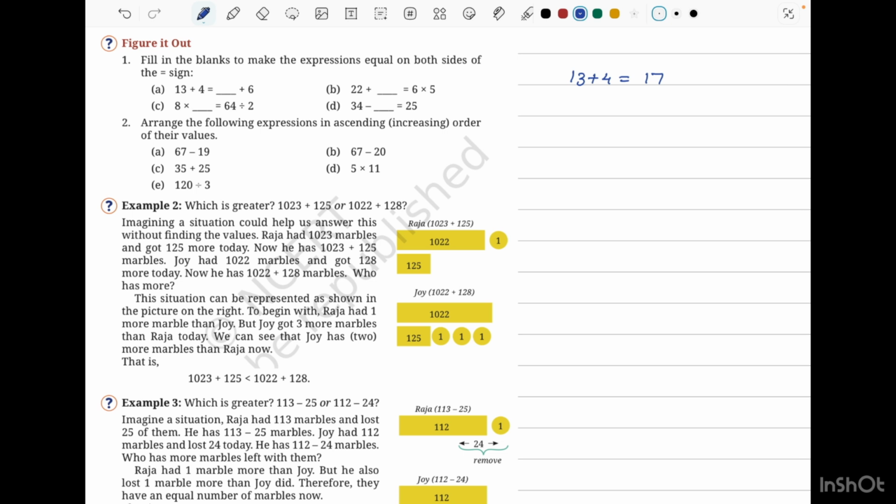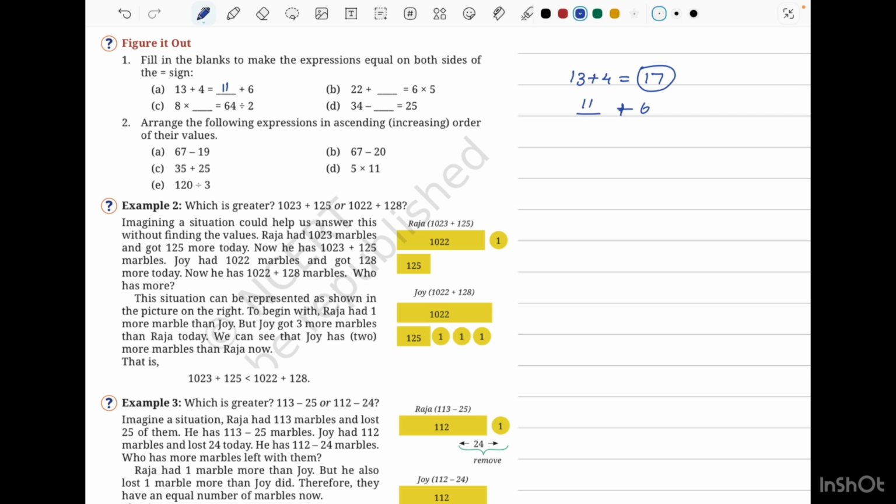So for the other expression, dash plus 6, we have to find the answer 17. So what could be the number here? 11. So 11 is the answer. 11 plus 6 is 17 and 13 plus 4 is also 17.